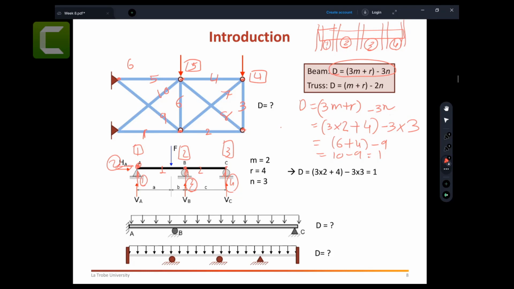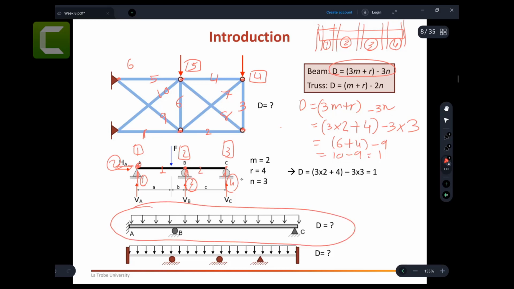Now, students, can you please perform this degree of indeterminacy on this beam and tell me your answers? If you don't want to talk, you can just put your answers in the chat, just a number. What would be the degree of indeterminacy for this beam that I just circled?